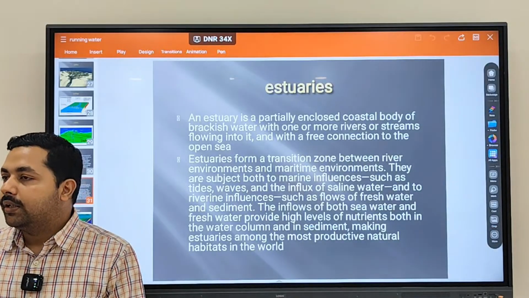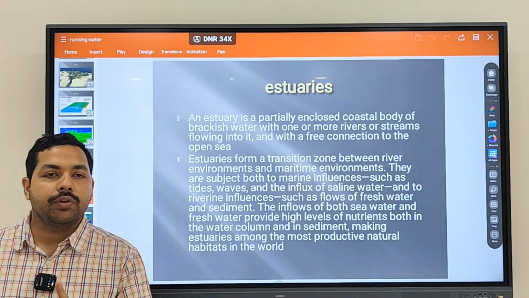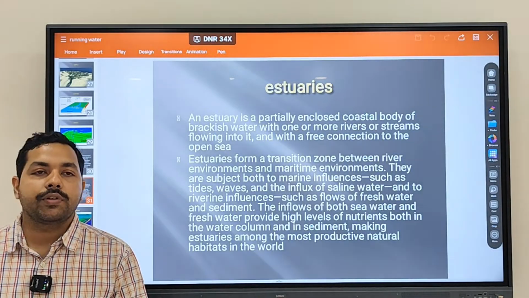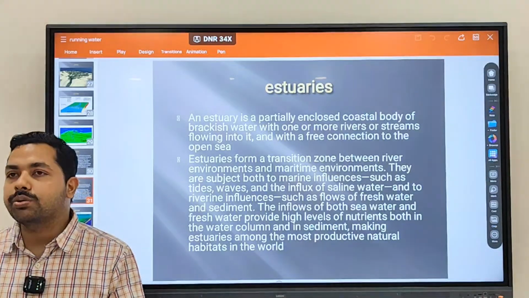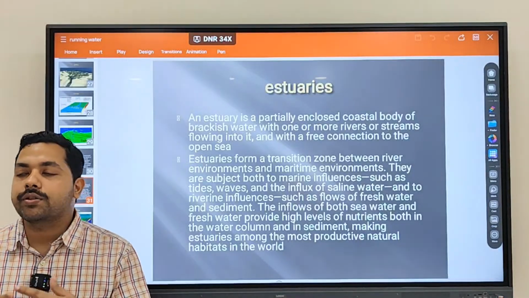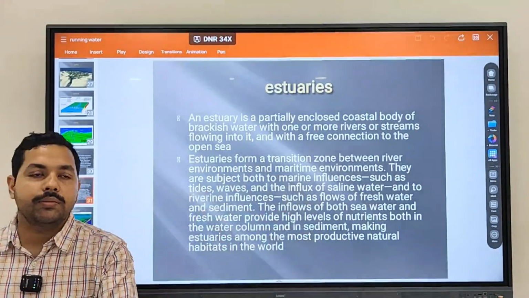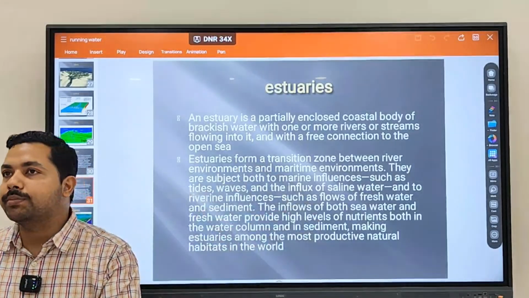And thirdly, in the lower course, you'll see formation of oxbow lakes and deltas, and you'll see lagoons and estuaries, which are formed in the lower course. Any doubt regarding this?